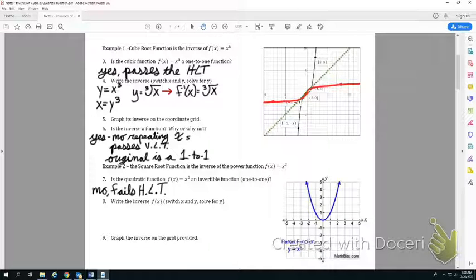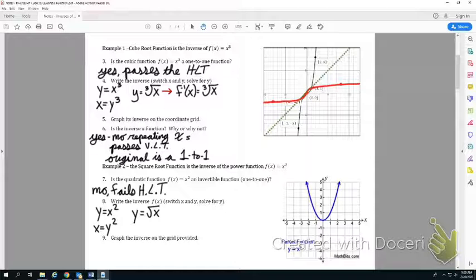So now it says to write the inverse of it. So it's going to be the exact same process. Here's my equation. I will switch x and y. And then how do I get that squared off of y? Square root it.